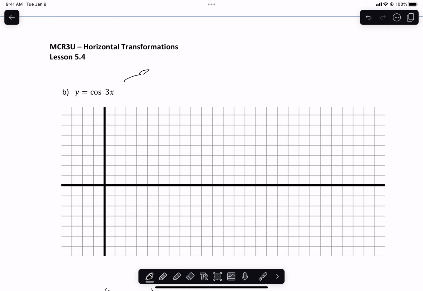Horizontally compressed by a factor of 1/3. Mapping statement, what do you think happens? 1/3 x, y.